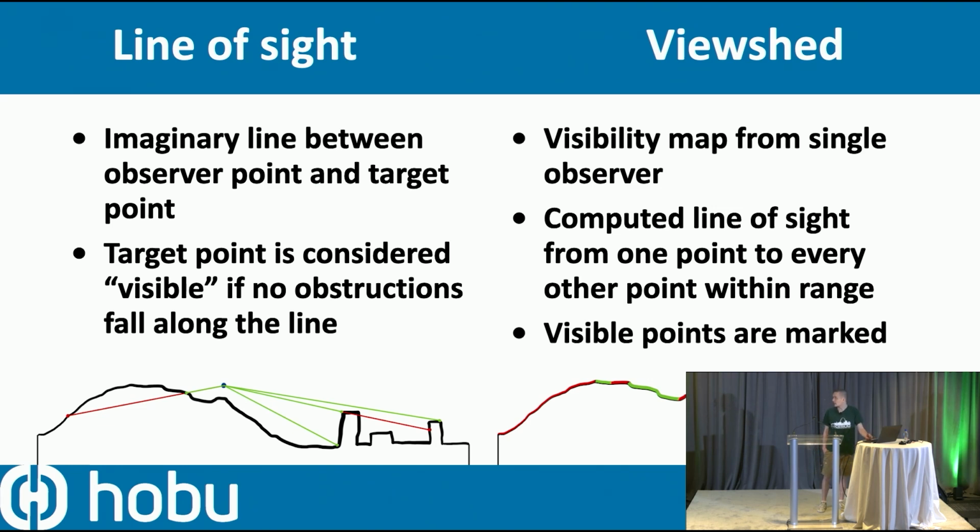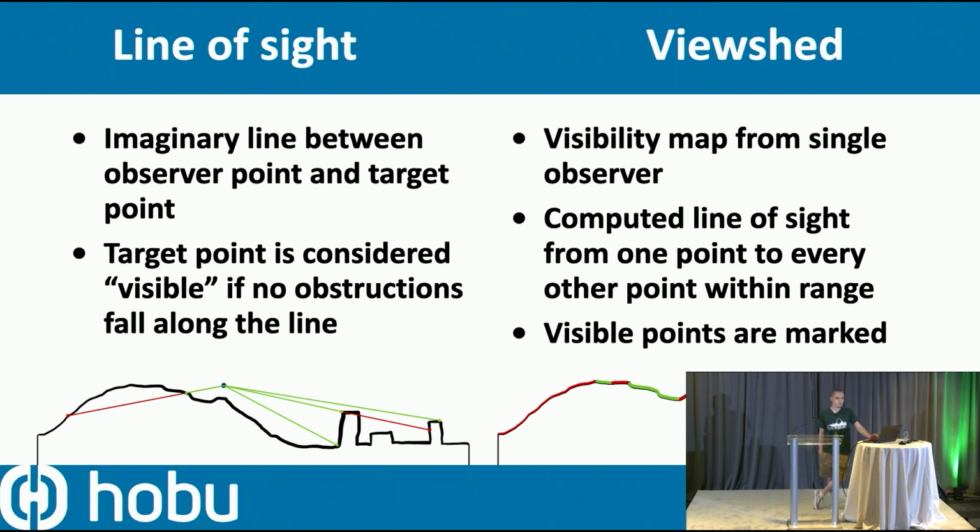So the line of sight on the left is essentially an imaginary line between two points in 3D space. If that line is unobstructed, the target point is considered visible from the observer point. Whereas if there is an obstruction, like a building mesh or like vegetation, just something in the way, then that denotes that the object or the target point is not visible from the observer.